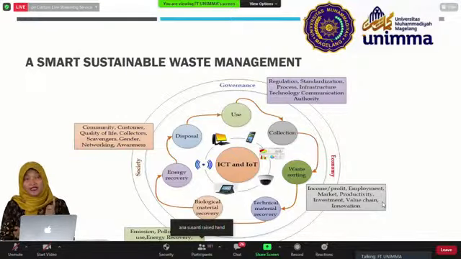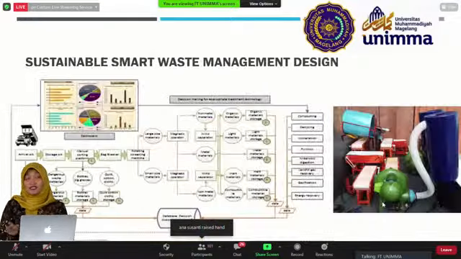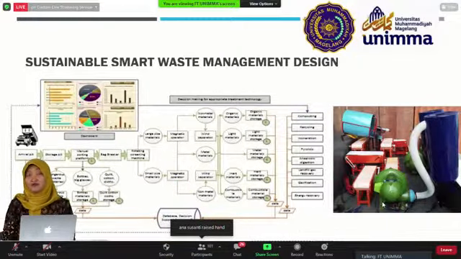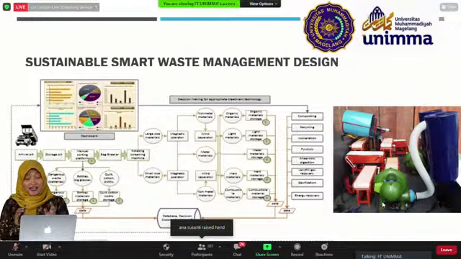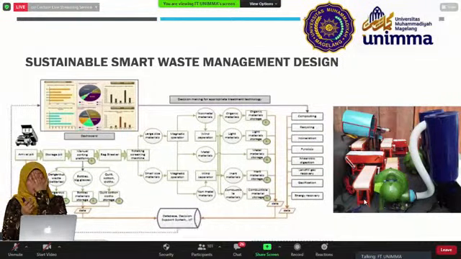Next, I will show you the sustainable smart waste management system which we have developed. In this system, we can see that there are a lot of sensors involved. This is also an integrated system, so all parts in this system are connected.